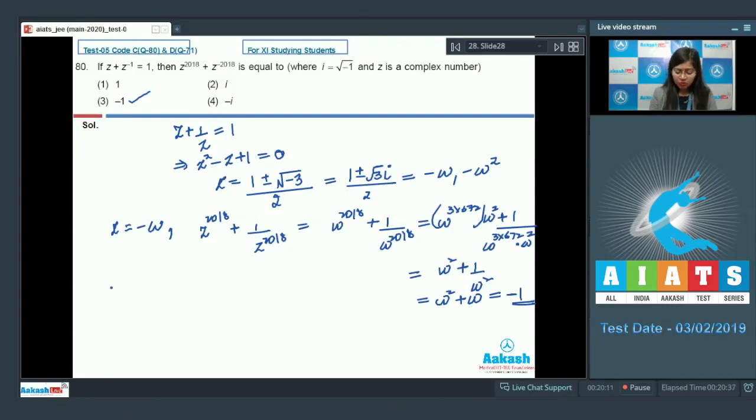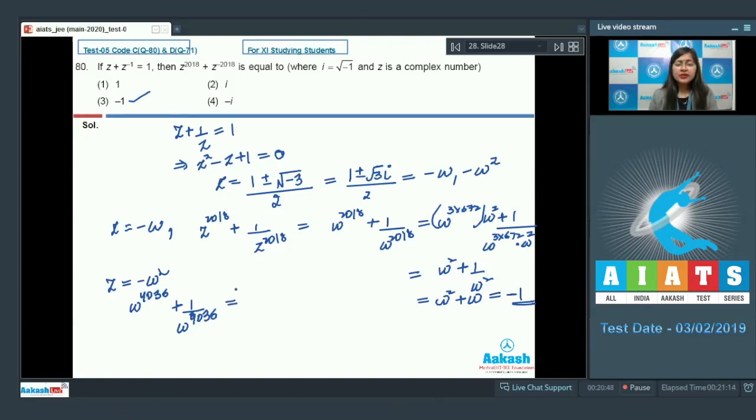But in the other case also, let us find what value we obtain when z is equal to minus omega square. It can be written as omega raised to the power 4036 plus 1 upon omega raised to the power 4036.